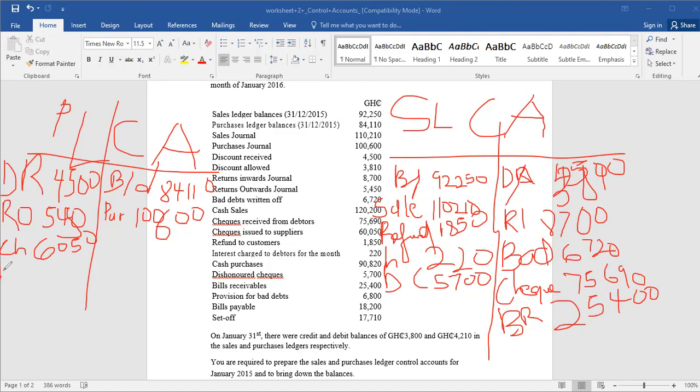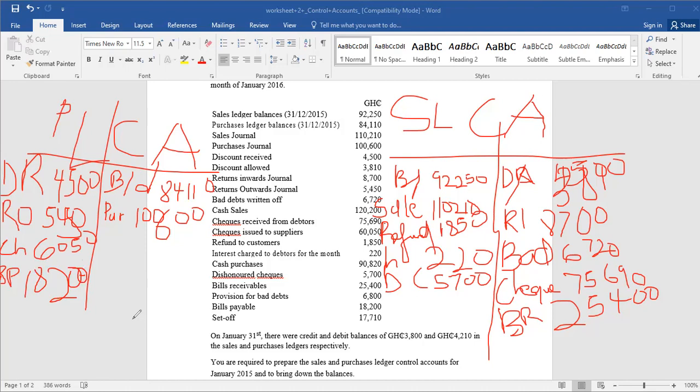So bills payable, this amount that you owe them, that one comes to this side. And then I skipped provision for bad debt because that one also doesn't count. So take note that accounts receivable and provision for bad debt don't count.